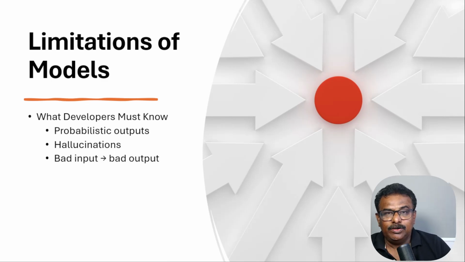So when we do it, can everything be done with a model? No, there are a few limitations. For example, an answer, a classification, or content which a model generates is probabilistic, so it may not be 100% accurate. By the time it learns and builds itself, the answer may be accurate, but we need to always keep a caveat that the response provided by the model is not 100%.